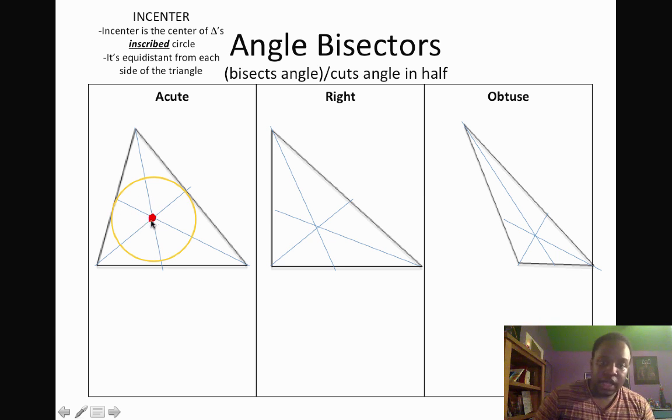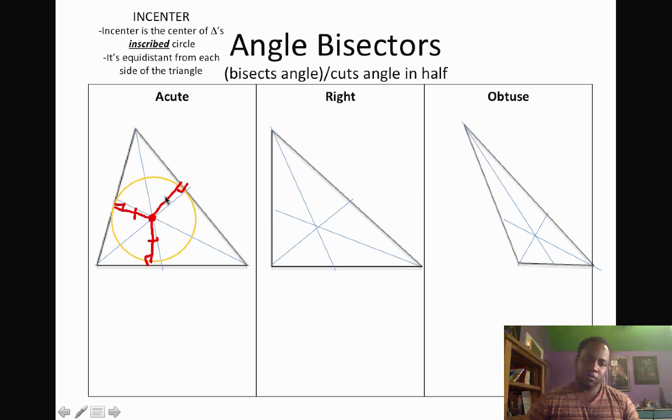Also, this point, the incenter, is equidistant from all sides. But note that the distance you figure out is not necessarily the angle bisector itself. Usually it won't be. So we can say that this is congruent to that, which would be congruent to that.